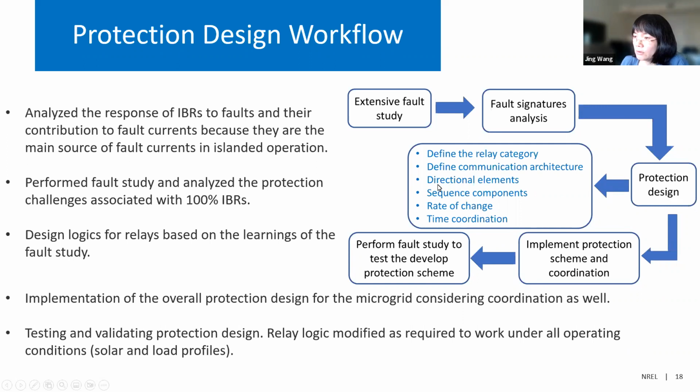We also use the direction elements and the sequence components for the protection design. Also, rate of change is used as well. Time correlation is used to correlate between different relays for the primary and the secondary relay correlation. With this, we implement all those design rules in MATLAB, and then finally we perform simulations and test how the designed protection scheme works under a lot of different fault scenarios. So this is the overall design flow.